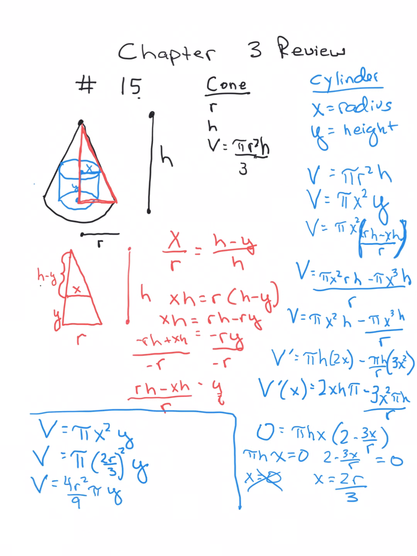Simplify that. Now you're going to notice we also have this y value here, and if you look up here, we had an expression for y. Well, you know what? We just solved for x, didn't we?